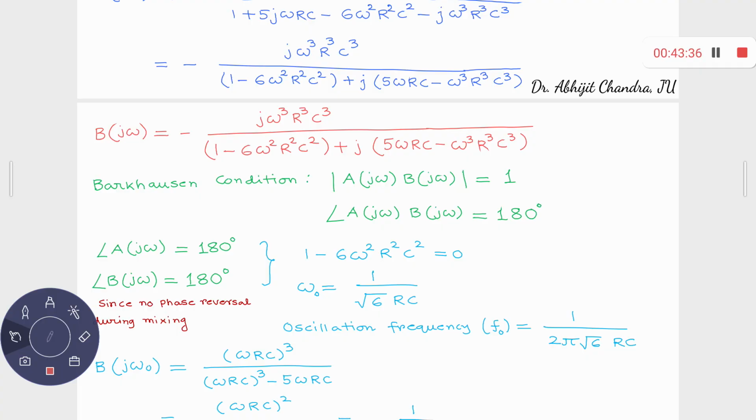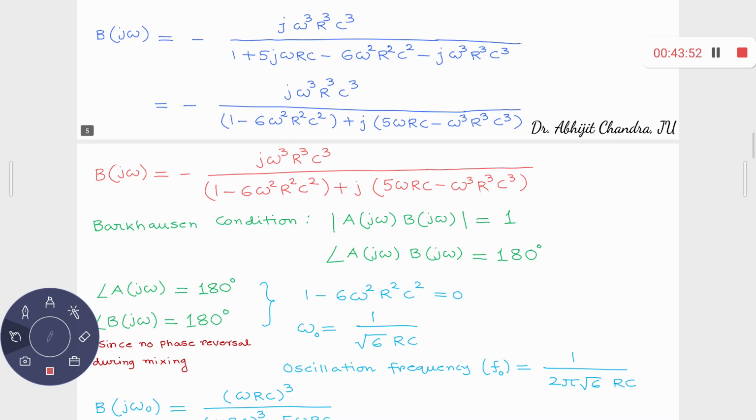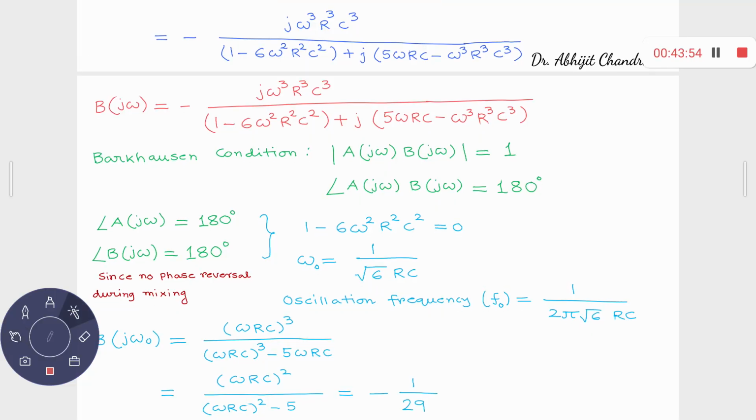The corresponding frequency in Hertz is given by 1 by 2π multiplied with ω naught, so that frequency is 1 by 2π root 6 RC. That is the oscillation frequency in Hertz, and the angular oscillation frequency is 1 by root 6 RC. Okay?